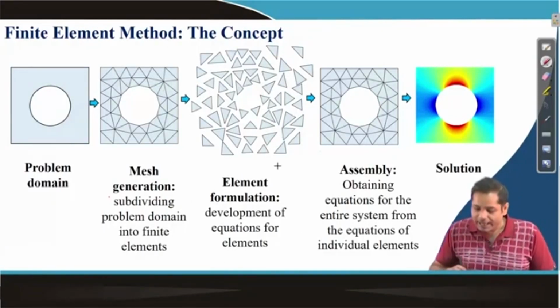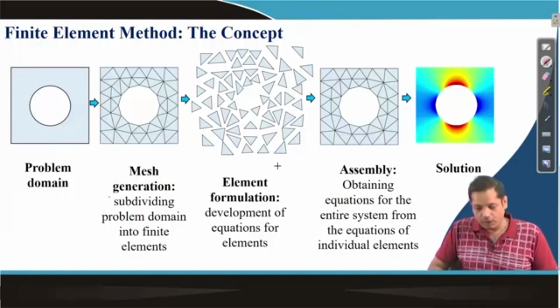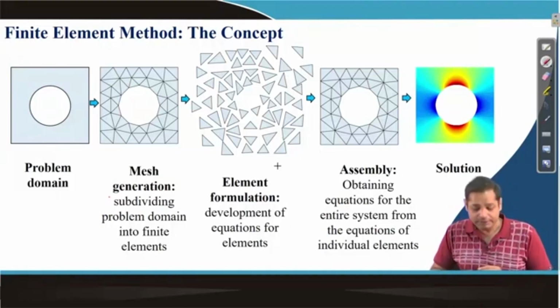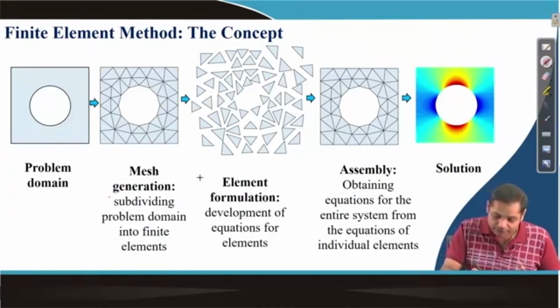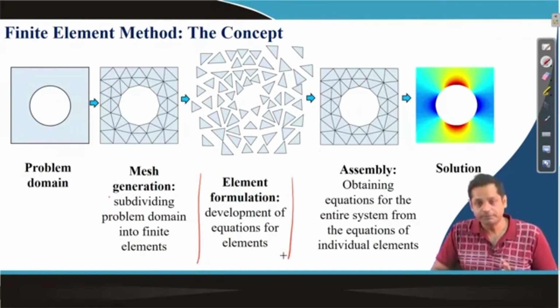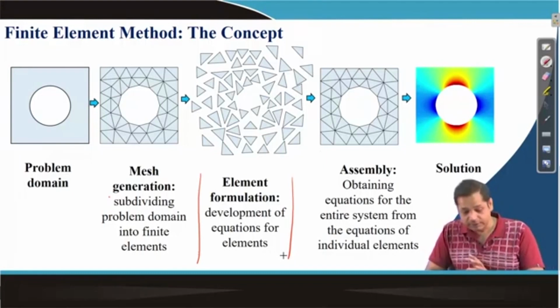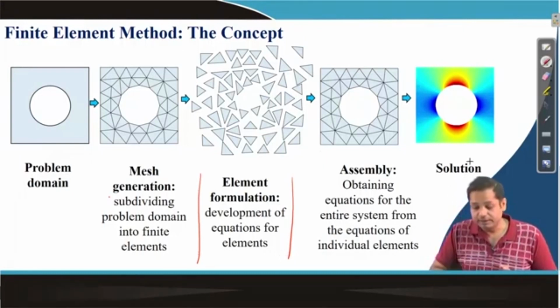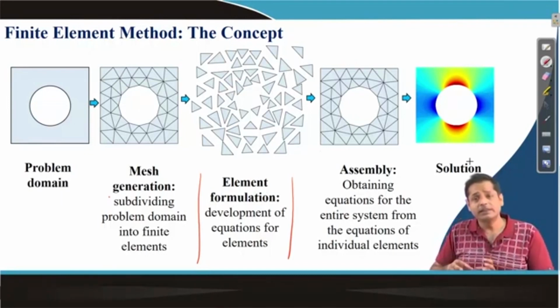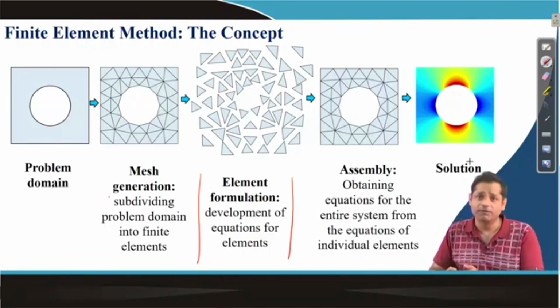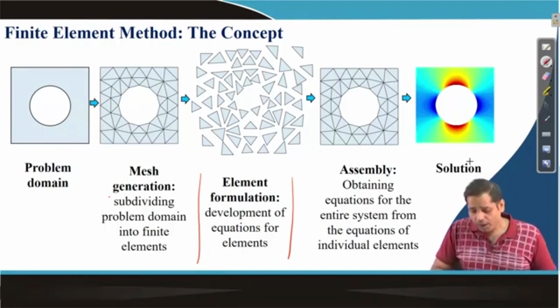Then the assembly part. These are the theoretical aspects, and as I said, the theoretical aspects of this course will cover mostly the element level formulation. Then assembling and solution, step 3 and step 4, will be discussed when we talk about implementation for different problems.